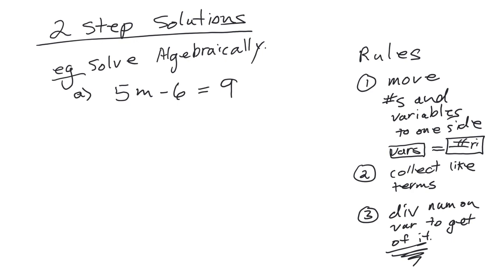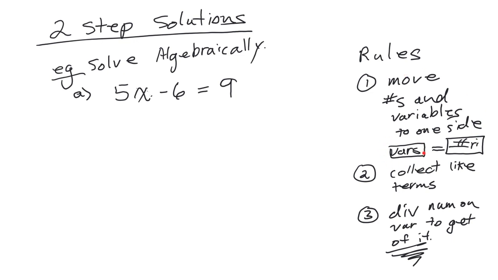Imagine I got this problem. Solve algebraically. 5m minus 6 equals 9. Now, I know you guys don't like when you see an m on your screen, so let's just make it 5x, right? So it says here for our rules that we have to move our numbers and variables to one side, right? So let's do that right away.